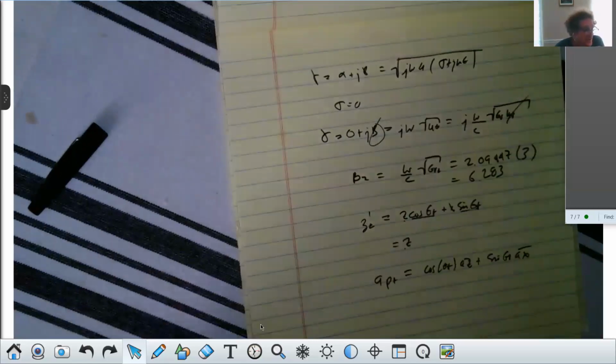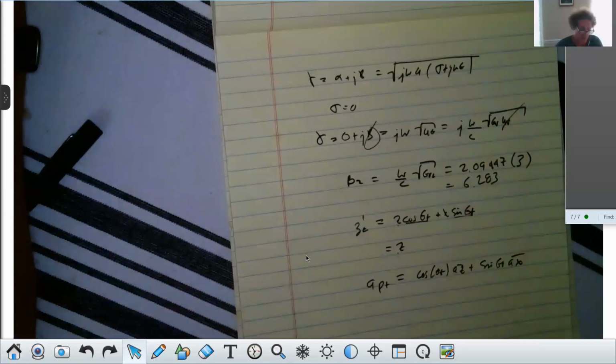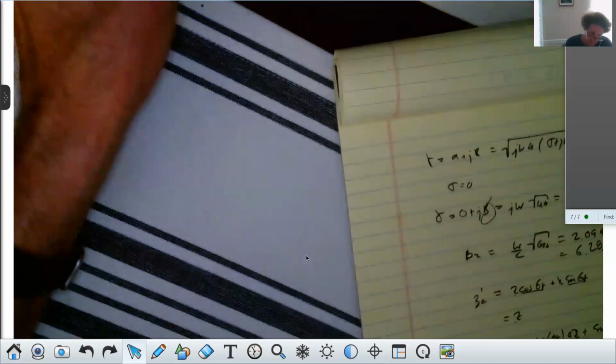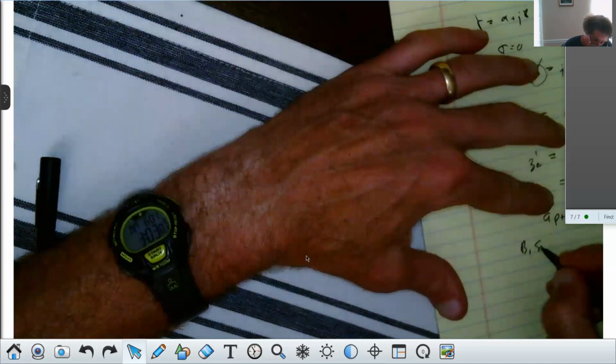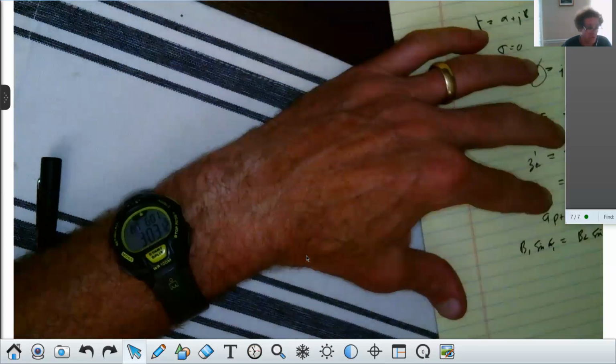Now you asked about this, and I'm going through it, and I know this may not be the answer you're looking for. I got a different beta 2 when I did the Snell's law way. Just do it with me right now. It has to be consistent. I know that beta 1 times sine theta 1 is equal to beta 2 times sine theta 2, right?